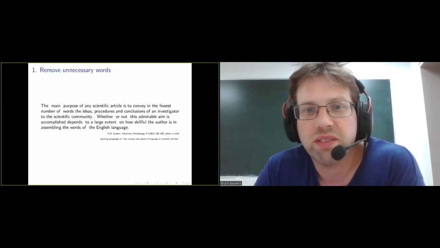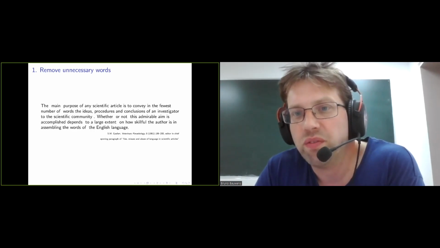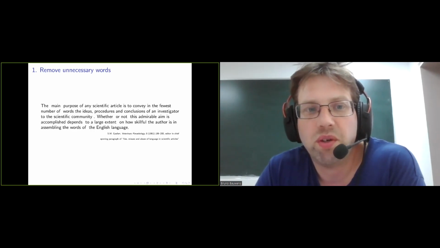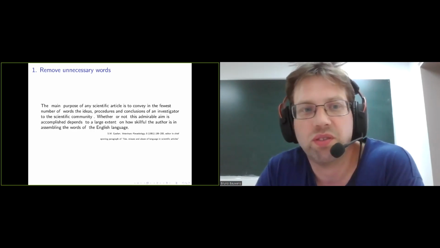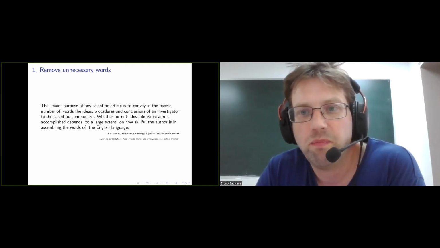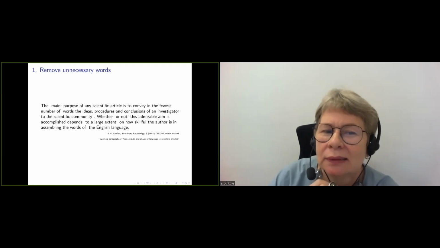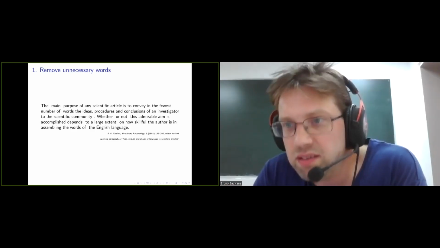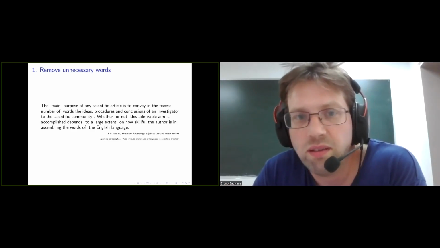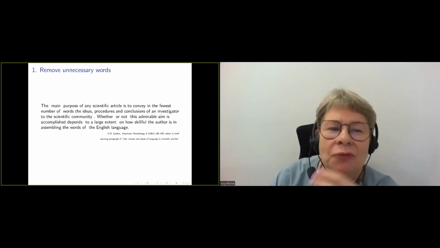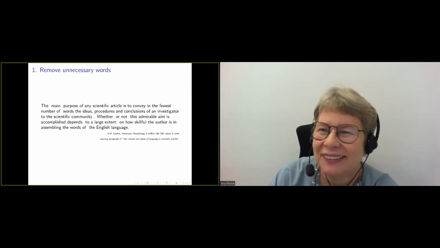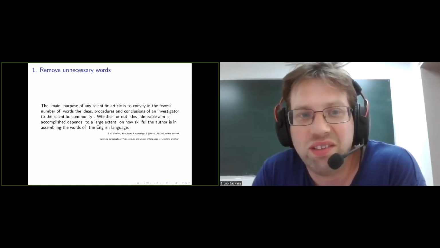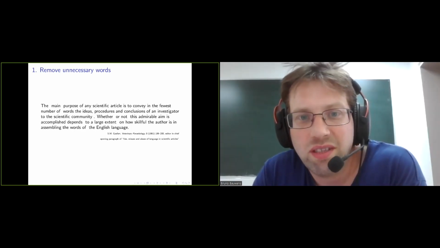The main purpose of any scientific article is to convey in the fewest number of words the ideas, procedures, and conclusions of an investigator to the scientific community. Is there something in "the fewest number of words" that can be dropped? Main can be dropped, exactly. In the fewest number of words, or just say in the fewest words.